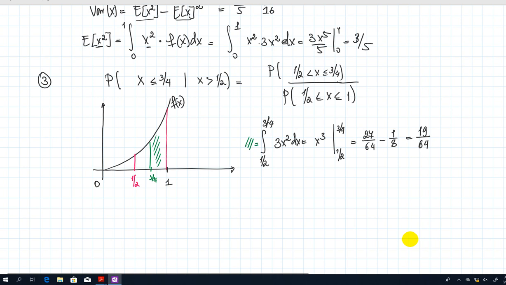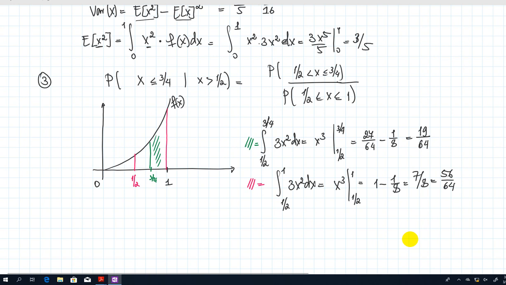The red area is the integral from 1 over 2 until 1 of 3x squared dx, which is x cubed from 1 over 2 to 1. This is 1 minus 1 over 8, which is 7 over 8, or 56 over 64.